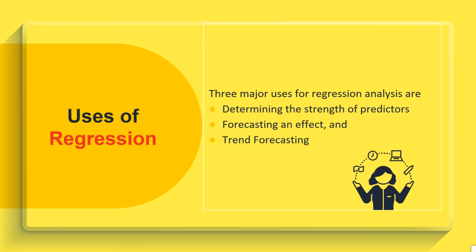For example, you can ask questions like how many additional leads will come for each $1,000 spent on marketing. Third is trend forecasting. In this, the regression analysis predicts trends and future values. The regression analysis can be used to get point estimates. In this, you can ask questions like what will be the price of Bitcoin in the next 6 months.